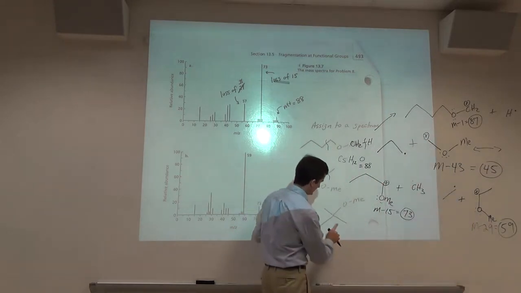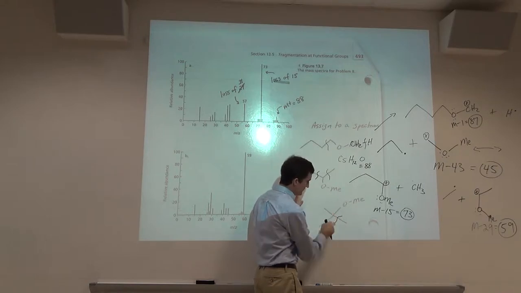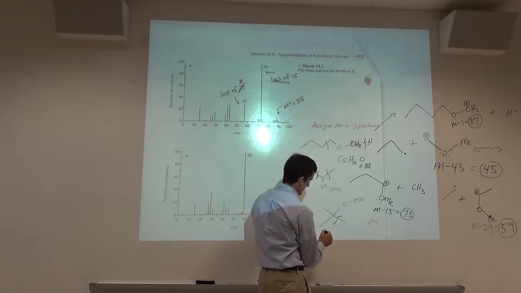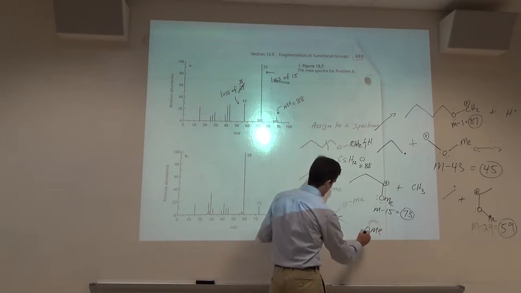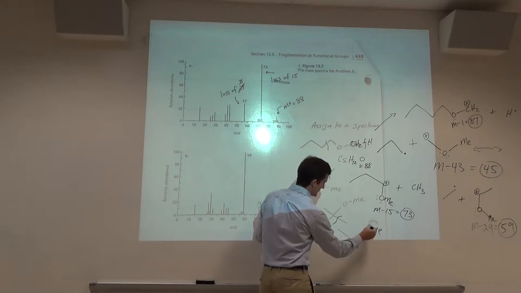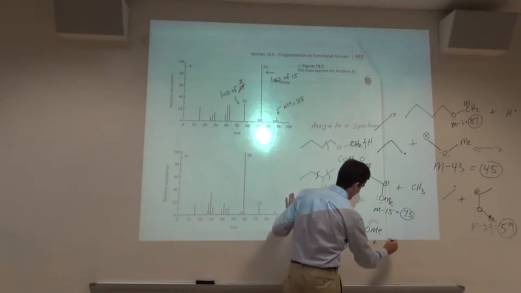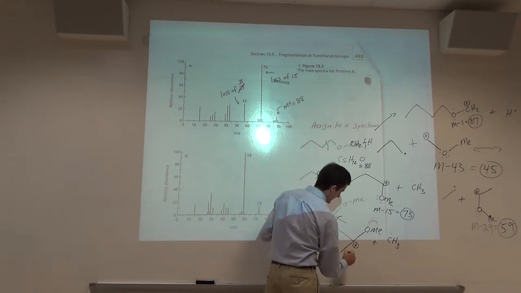This compound, alpha cleavage here to give a cation there next to a lone pair, would be O-methyl plus there next to the lone pair plus CH3 radical. That's M minus 15.